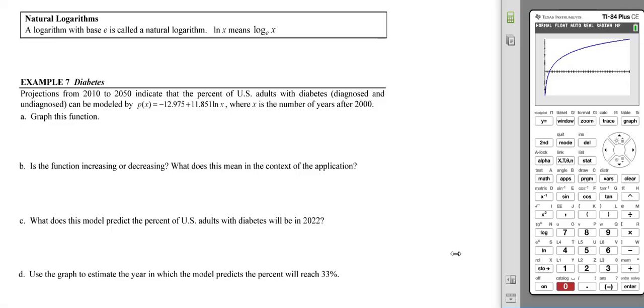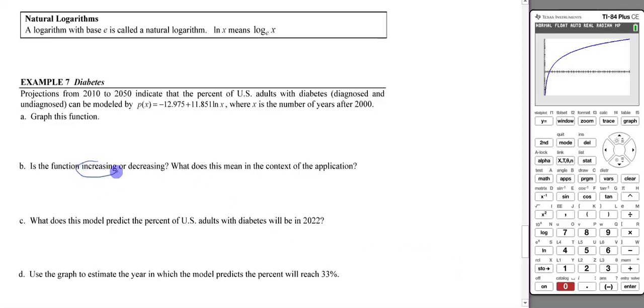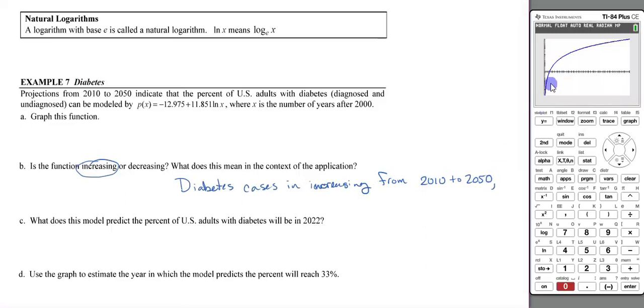There's the graph of our function, and is the function increasing or decreasing? It is increasing. What does this mean in the context of the application? Well, we do know that diabetes cases are increasing from 2010 to 2050, but it is slowing.